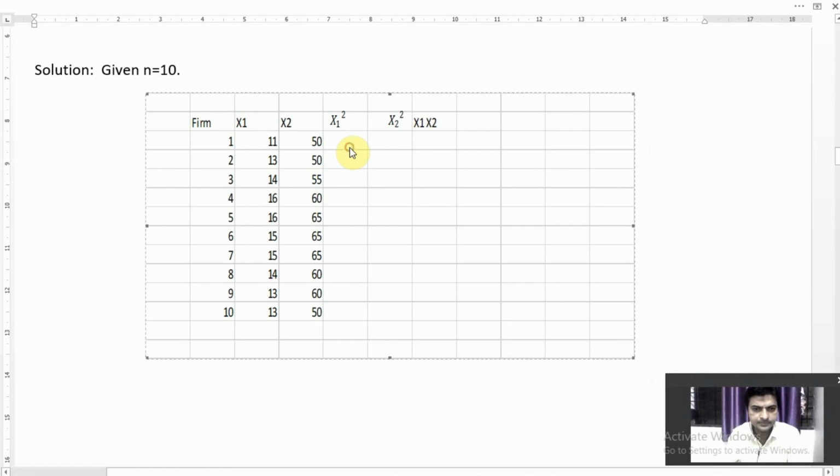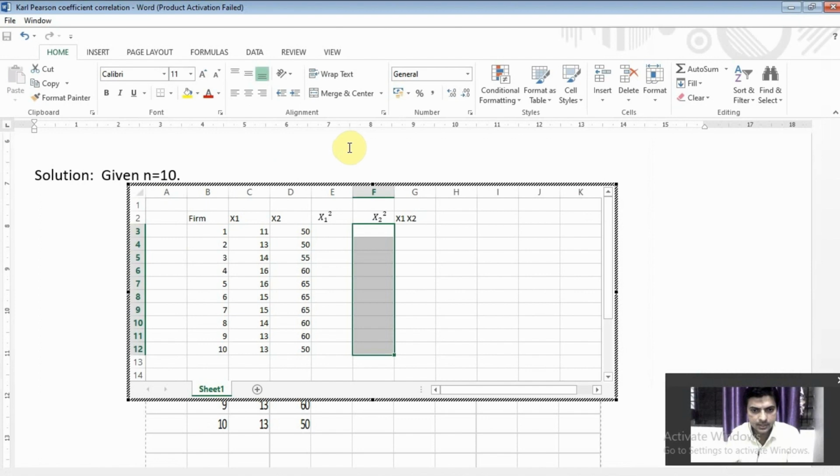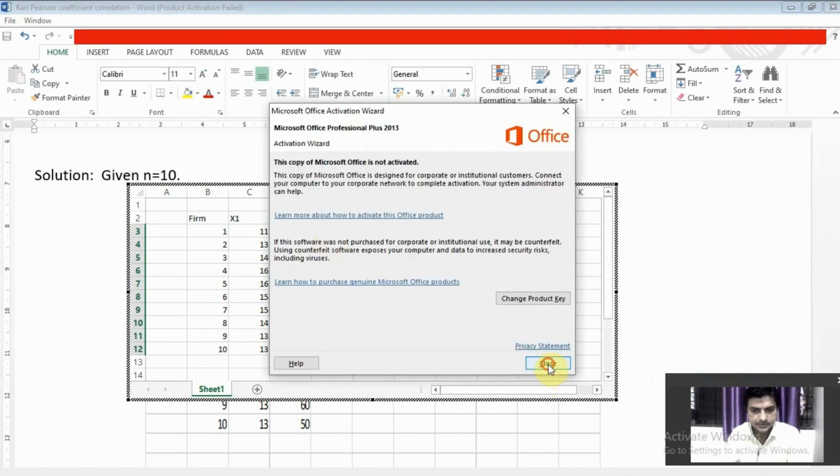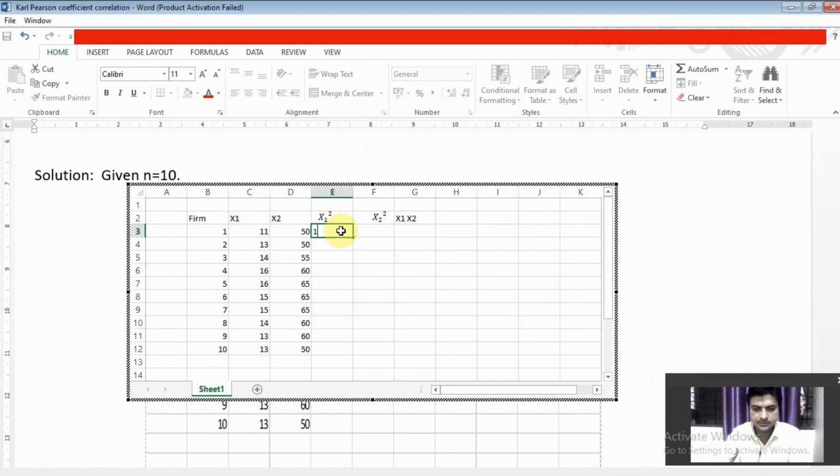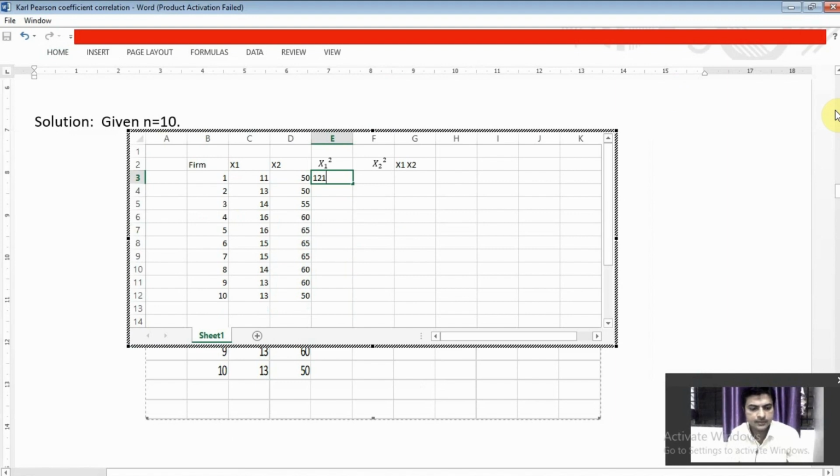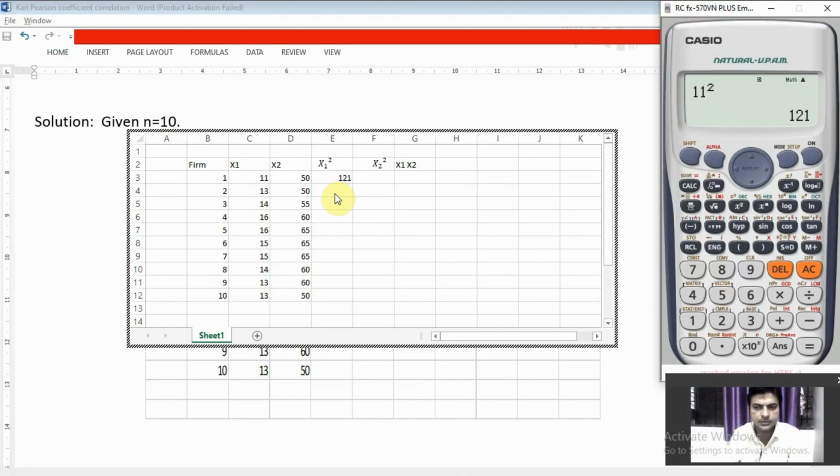So how many are next? You have 13, 13 square, I think you should do it in the calculator. If you don't know, you just see 169. 13 square, please remember this, friends.